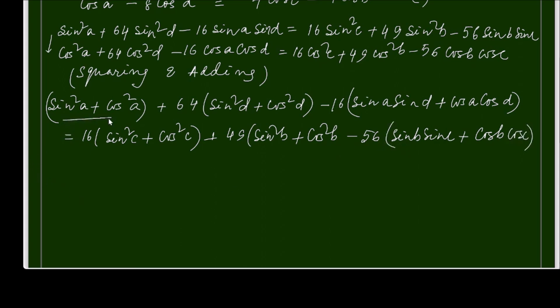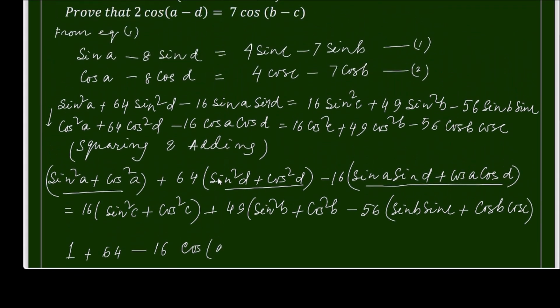Sine square plus cos square is equal to 1. Sine square D plus cos square D will be 1. So 64 multiplied by 1 is 64, minus 16, and this is nothing but our cos of A minus D. Let me see the question once.